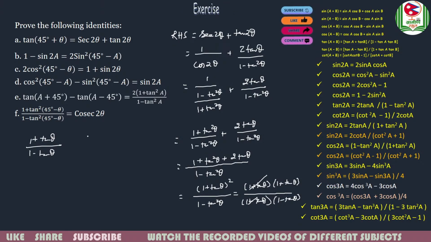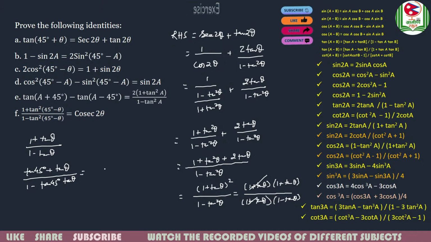So here we know tan 45 is how much? Tan 45 is 1. So instead of 1 we will write tan 45 degree plus tan theta upon 1 minus, and here 1 into tan theta, so instead of 1 we will write tan 45 again, into tan theta.